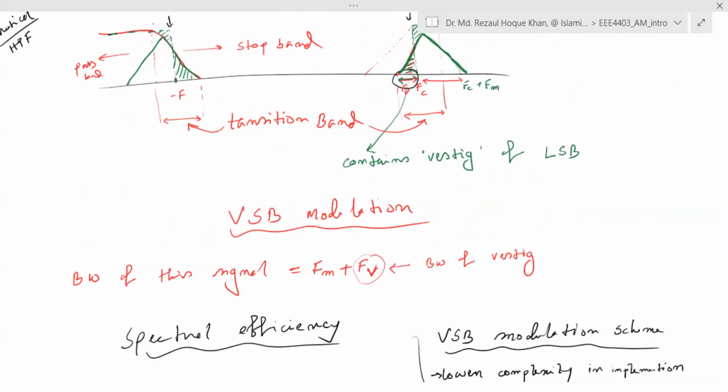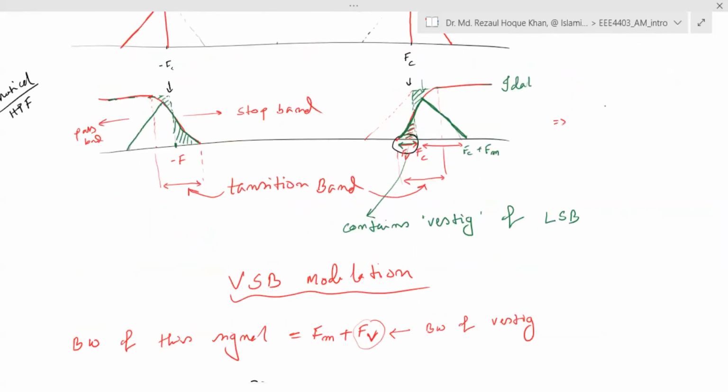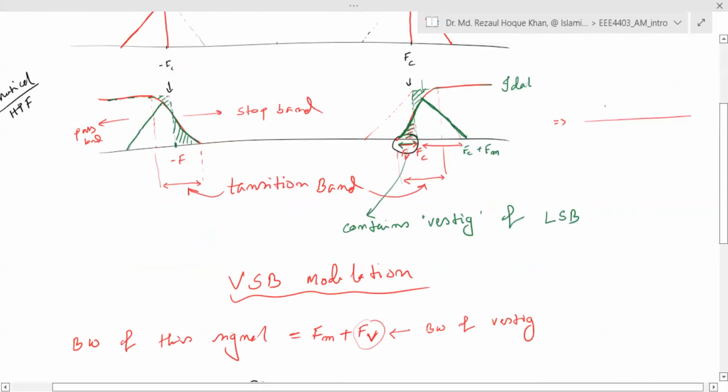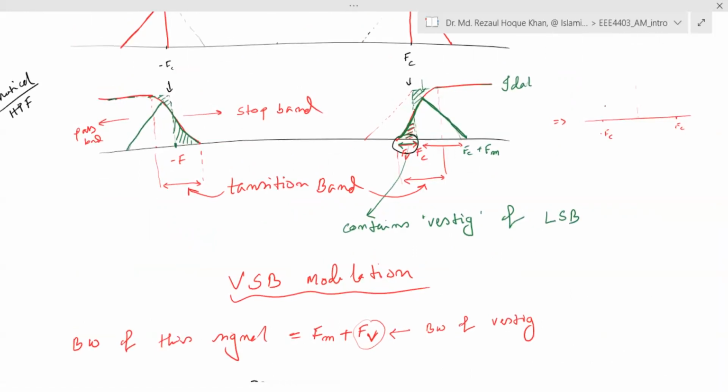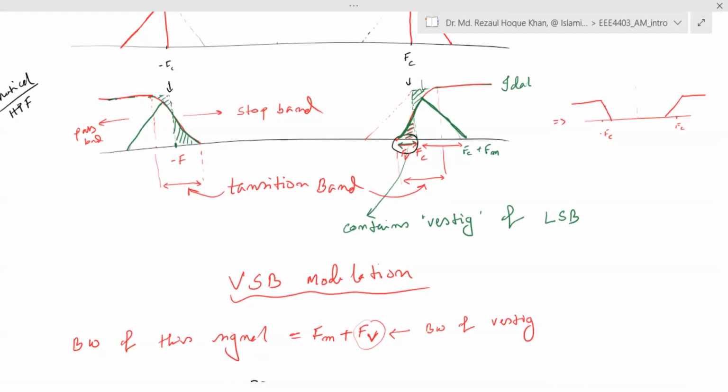If I redraw this filter here in a smaller size, this is FC, like minus FC and FC. This is a practical high pass filter.